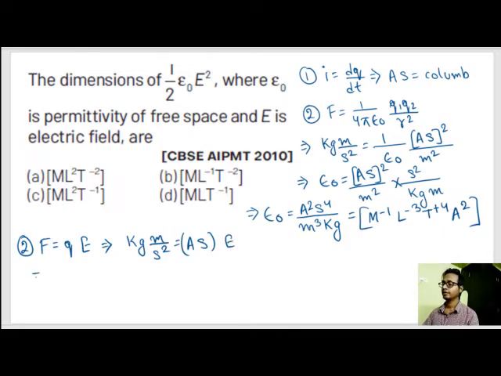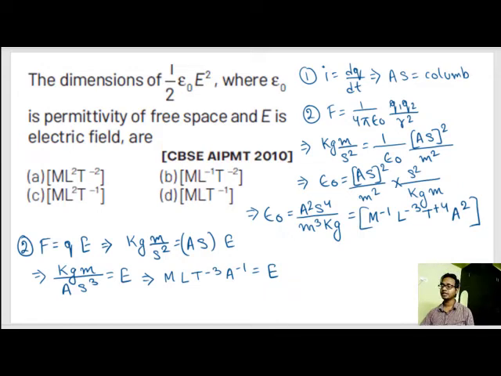We bring A s to the left hand side and get kg m per A s cube. This is the electric field. So the dimension of E is M L T to the power minus 3 into A to the power minus 1.